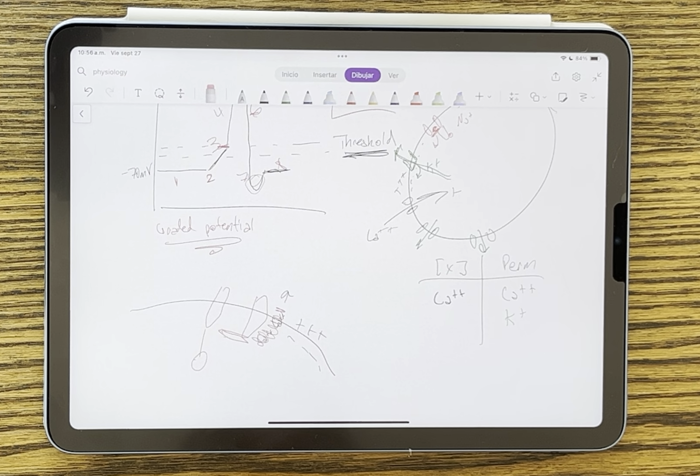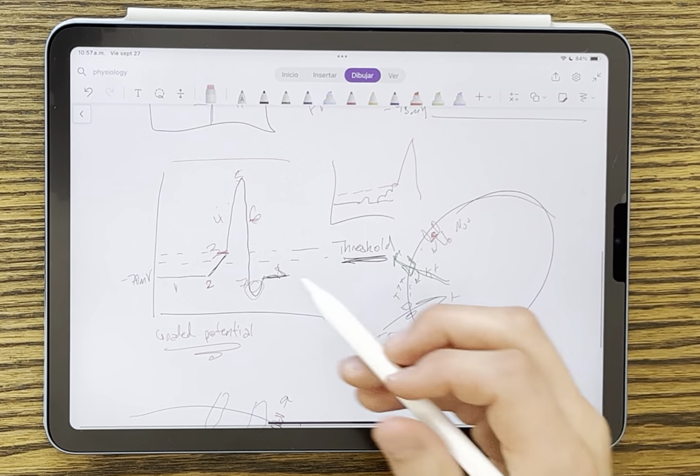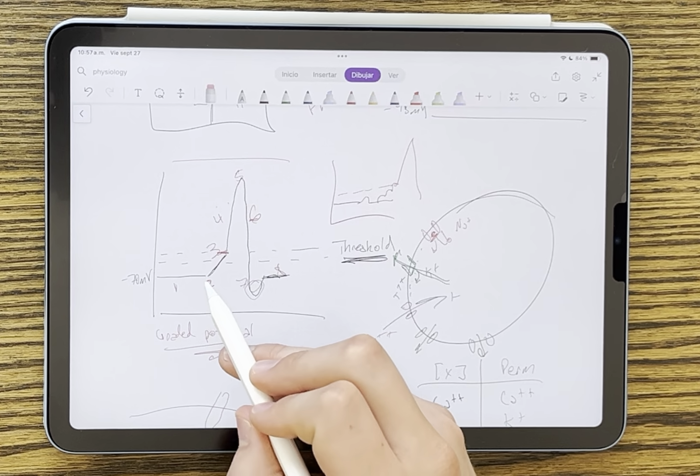Okay, now we've covered action potential and different concentrations. And we've talked about all the ions currently involved and all the different parts, right? As we said here, at 1 we're at a normal level.